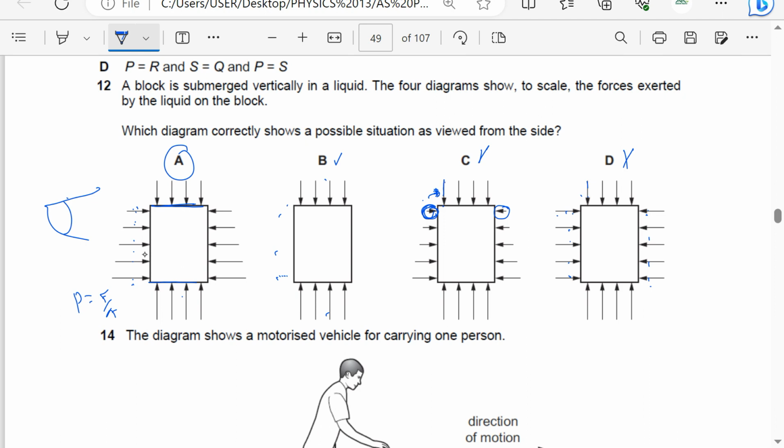If this was representing the force on the top, then this arrow should be very close in length to it, and should go on increasing, not becoming smaller. So this is the most correct diagram, because the force goes on increasing, and at the bottom it is almost the same as the length of these arrows. So the answer is going to be A.